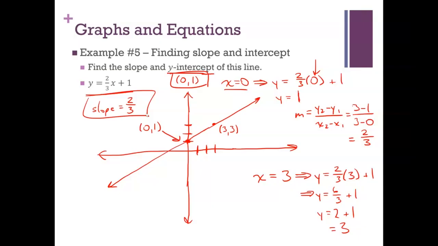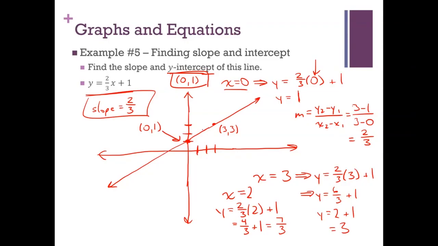Questions there? Go ahead. So in order to get the second point, we can assume any number? Yeah. X. So I heard x equals 2. We only need 2 points to make a line, but if I found another point, it should be on this graph, right? So if x equals 2, y is equal to 2/3 times 2 plus 1, 4 over 3 plus 1, that'll be 7 over 3, which I think is like 2 1/3.